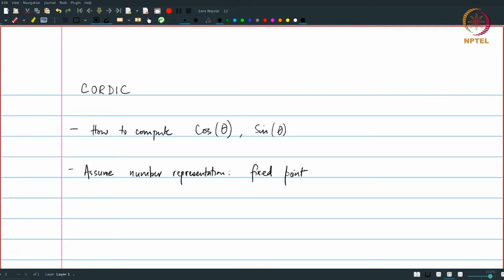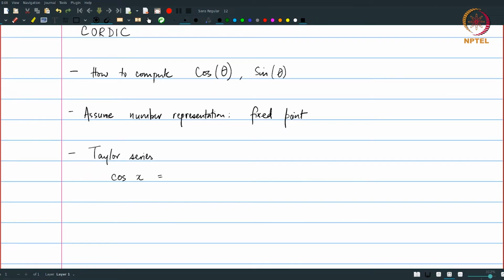So the first and probably the obvious way by which we might go about computing something like the cosine, based on high school maths, would be to say, let's go with the so-called Taylor series expansion. So cosine of x is going to be given by the value 1 minus x squared by 2 factorial plus x power 4 by 4 factorial minus x power 6 by 6 factorial and so on.